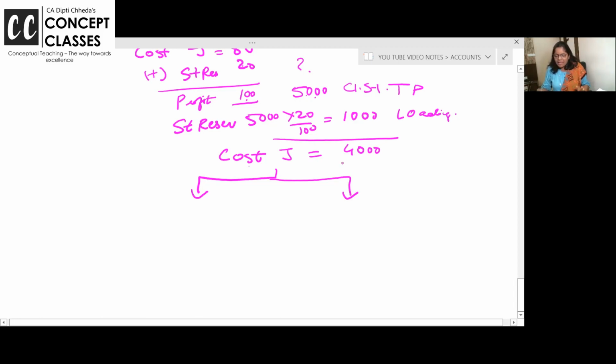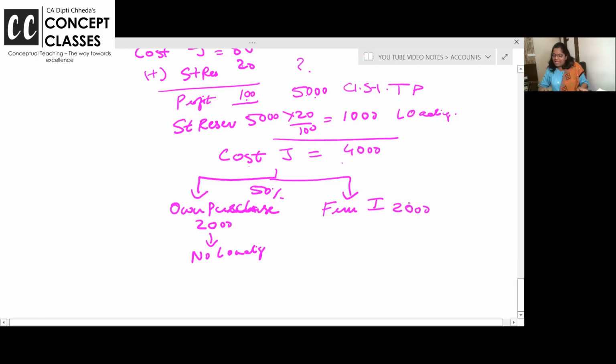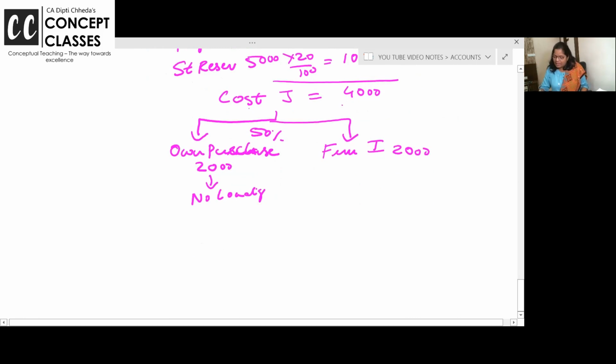So J is saying, okay, I have sent you 4,000 goods at loading, but 50% were my own purchase. 2,000. 50% own purchase 2,000. No loading. 50% has come from I. J is saying 2,000 of the goods have also come to me from I. In that there is I's loading.